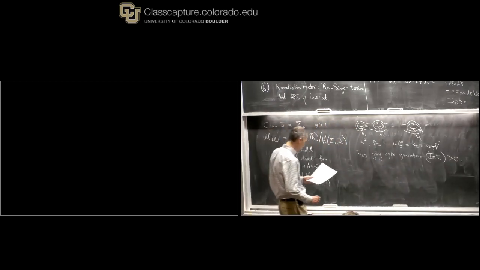The space of such taus is called the Siegel upper half plane.